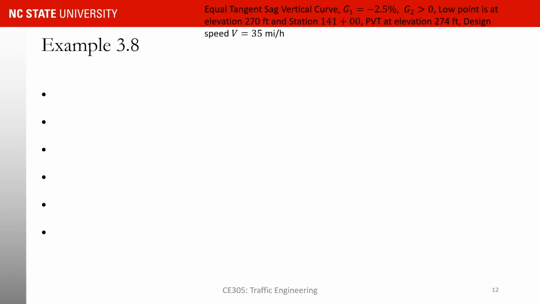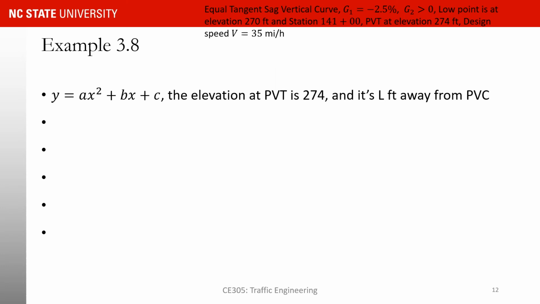Now we have all the parameters here. We have a, b, c. So pretty much this parabolic equation is all known. So what we need to do here is to go and find the length of the curve. And to do so, now we know that the elevation at PVT is 274.